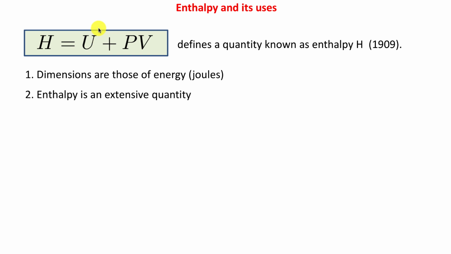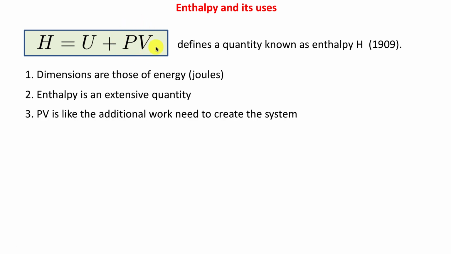So if I double the mass of the system, then U is doubled, and of course, H then doubles. And of course, if I'm doubling the system, then the volume is doubled. Pressure remains the same. Pressure is what is called an intensive quantity. So, extensive, extensive, extensive.